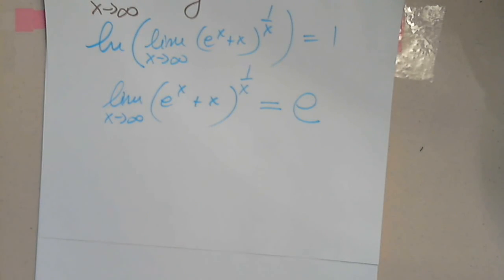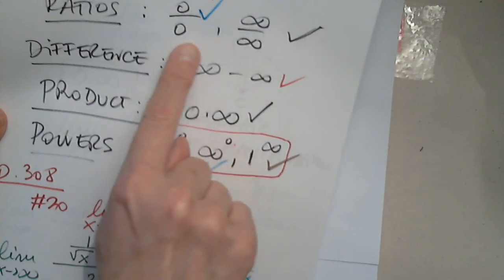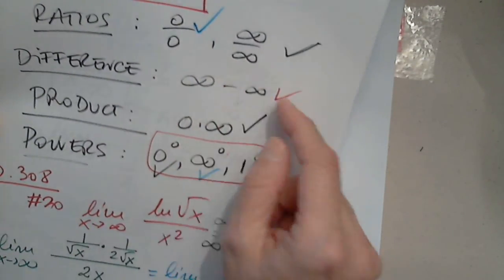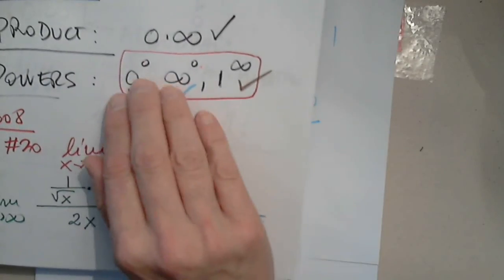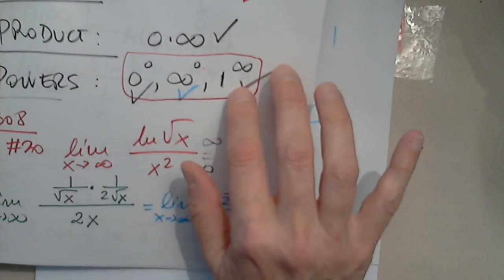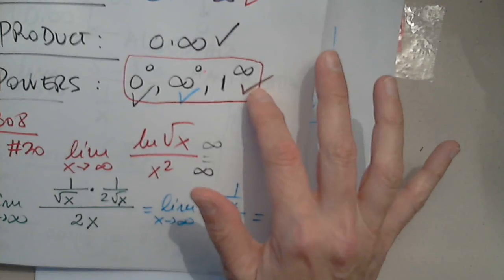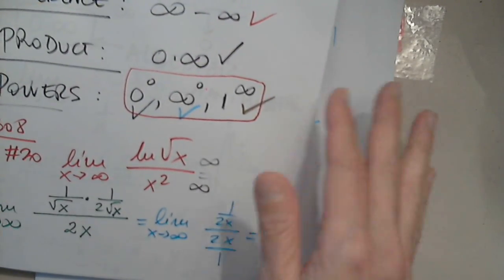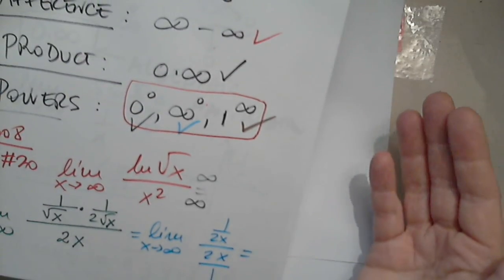So the whole trick with almost all of these is just to manipulate the function to one of the ratios. Because that's what we know. The rest are, yes, all the powers are treated in the same way, with a natural log and a limit and swapping of the operators.